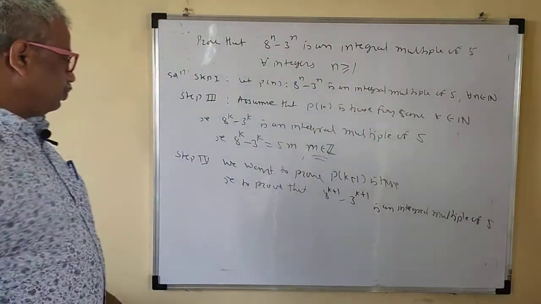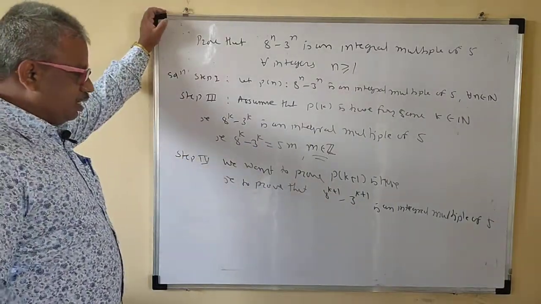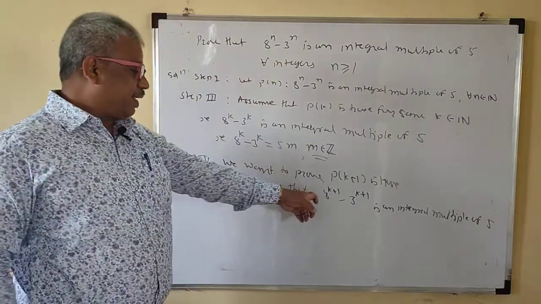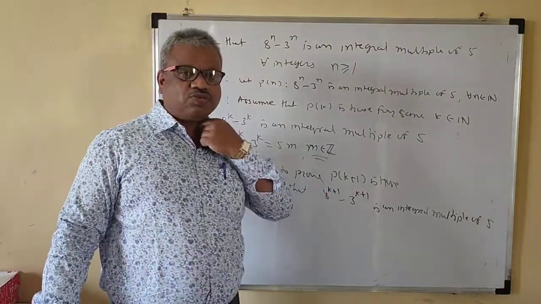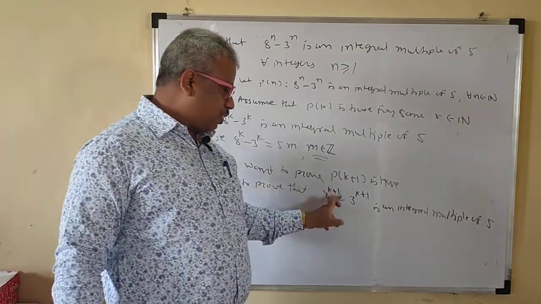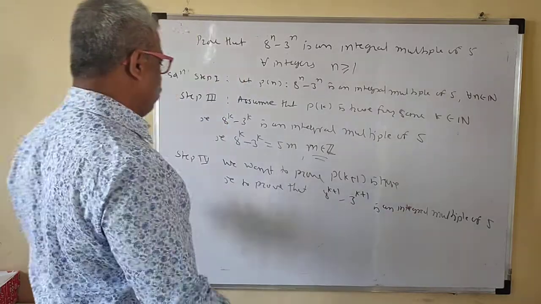This we want to prove. So 8 raised to k plus 1 minus 3 raised to k plus 1 is equal to 5 times some integer. That we want to prove.